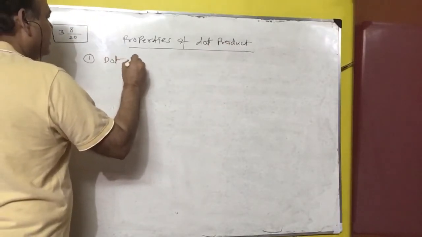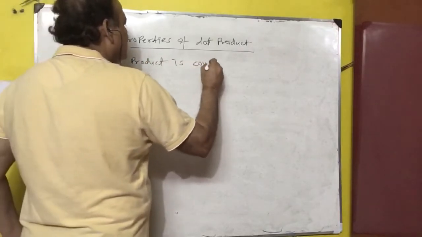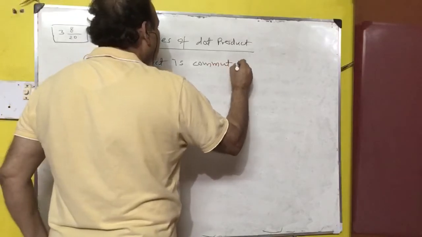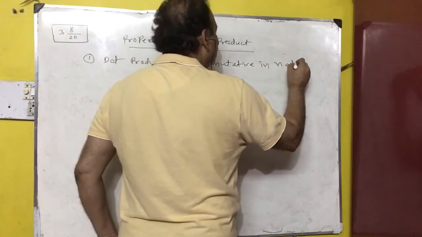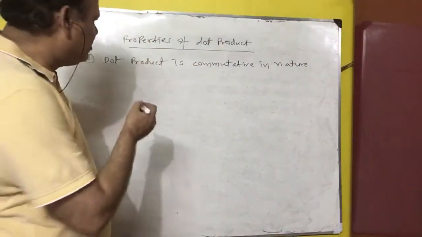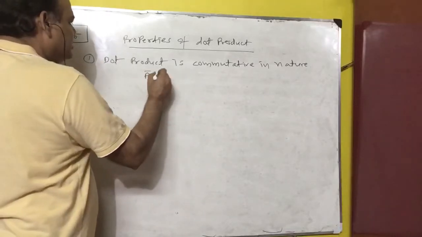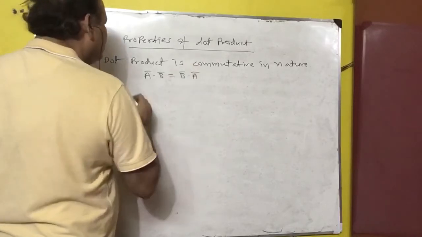Dot product is commutative in nature. It is commutative. क्यों commutative है? क्यों? देखो, that is a vector dot b vector equal to b vector dot a vector.